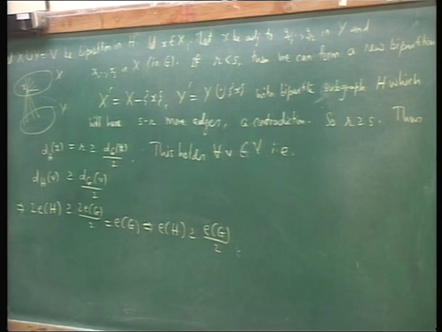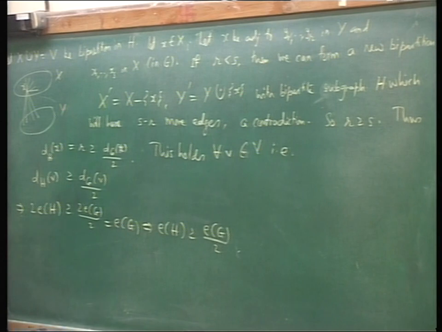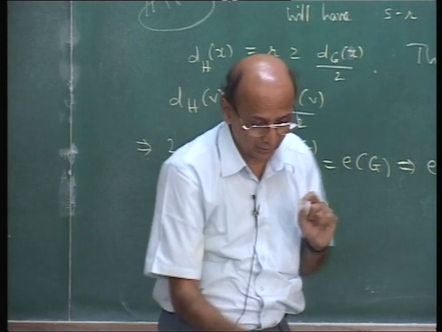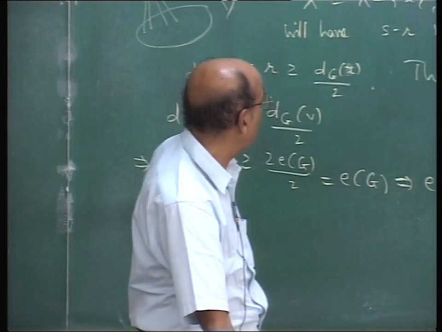So given any graph, there is a sufficiently large bipartite subgraph that it has, which takes away at least half of the edges. Something good to know. In fact, there is a construction here.